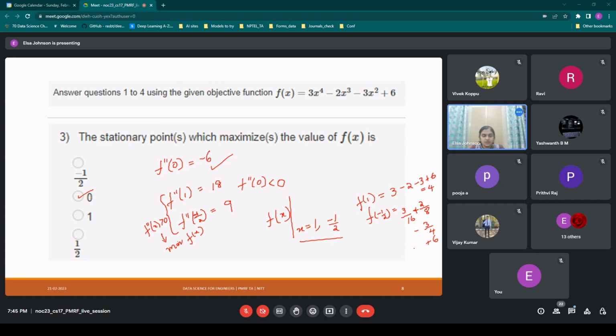Okay, can you find it out? I'm also solving it. Can you tell me the answer?